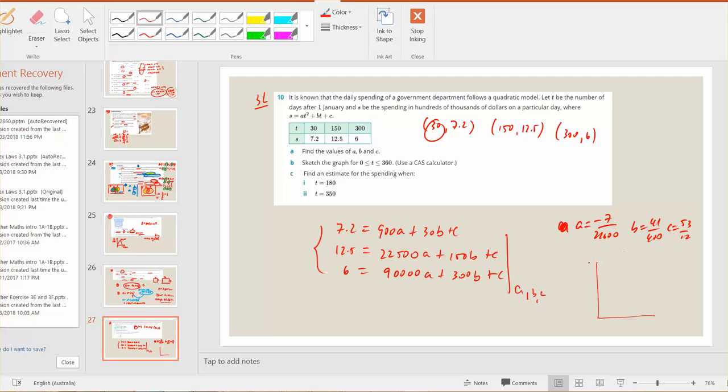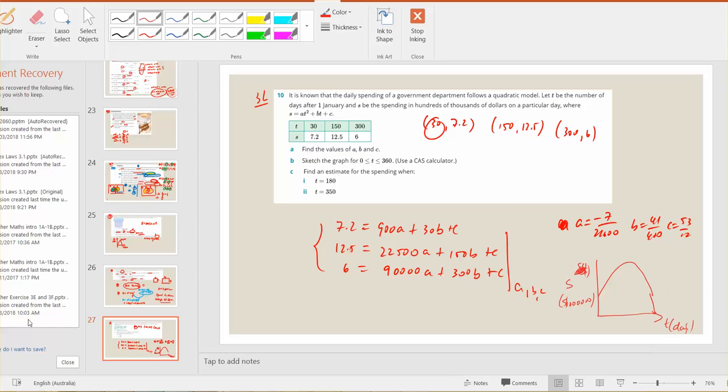Because my range is not good, I'll do it again so I can see where it is on the screen. So it's 354.71.